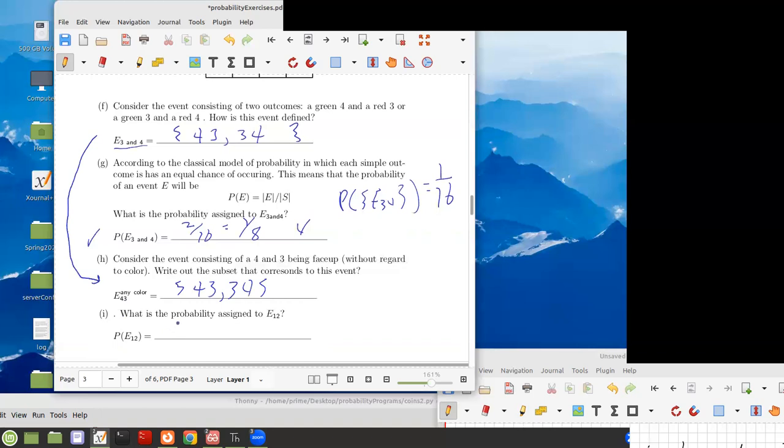What number should I put here? 1/16. Yeah, 1/16, because the event E 1, 2 is just the subset with just the outcome 1, 2. That is a green 1 and a red 2.